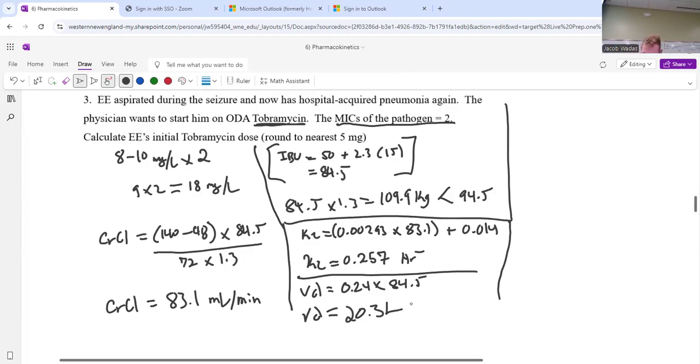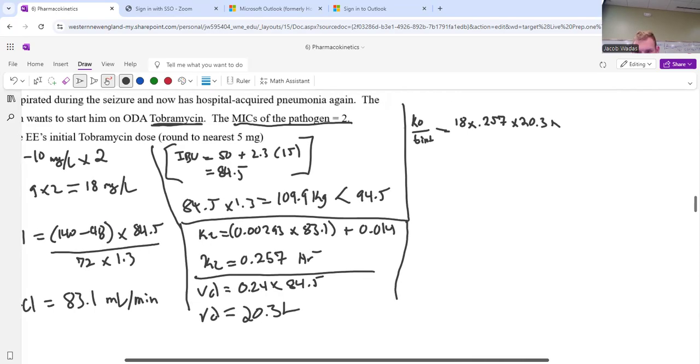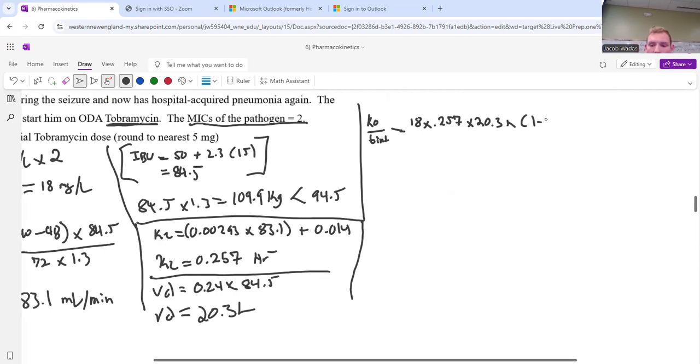Now that we have all of our variables, we can do Ko over time infusion equals our C peak desired, which is 18, times the Ke, which is 0.257, times the VD, which is 20.3, times 1 minus e to the negative 0.257 times tau, which in ODA is 24 hours.